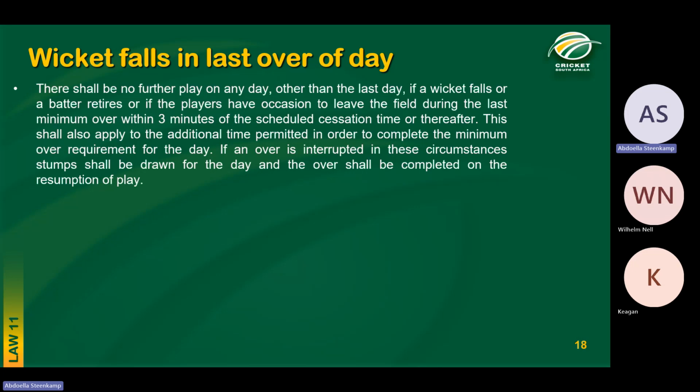We cannot say there's no further play on this day, because we haven't met our minimum requirement for the day. That other batter needs to come in. If we were at 17:30 and we were in 103.1, now we're in the last over of the game, and we're at our cessation time, now we can call stumps.